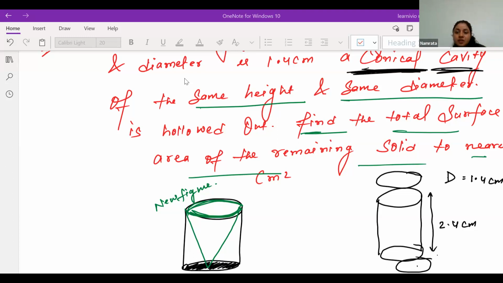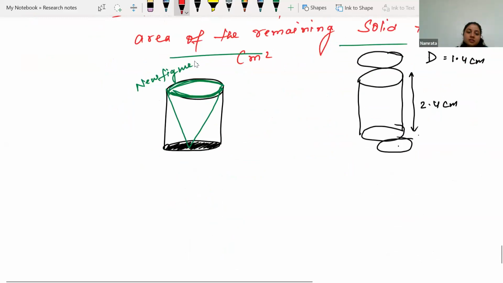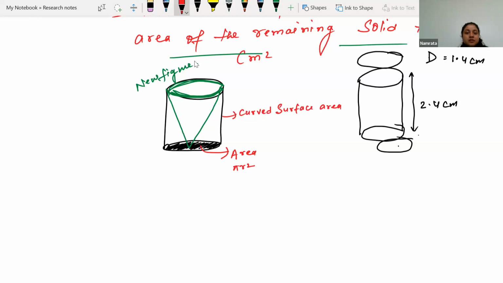Okay, so let me write it. We will be finding the area of this portion, that is pi r square. We will be finding the curved surface area of the cylinder, that is 2 pi rh.